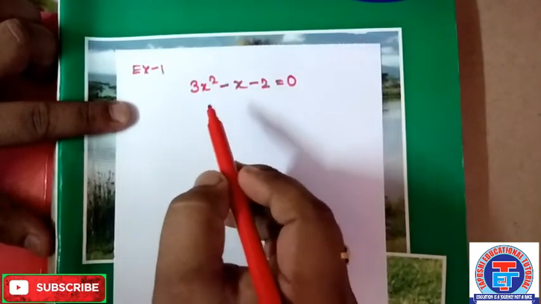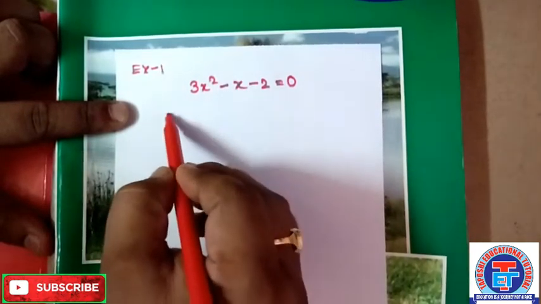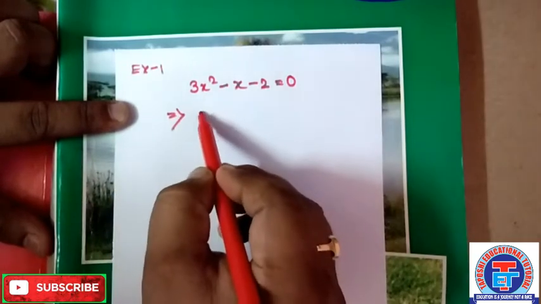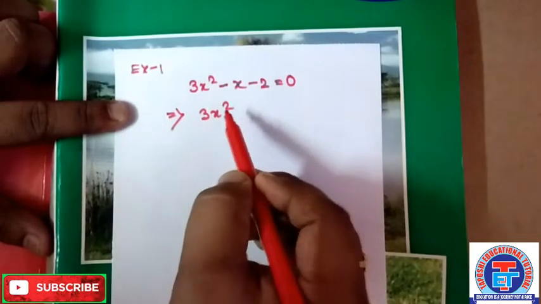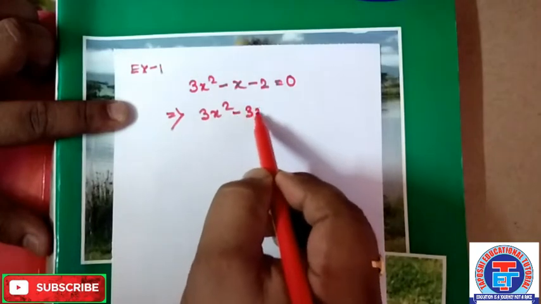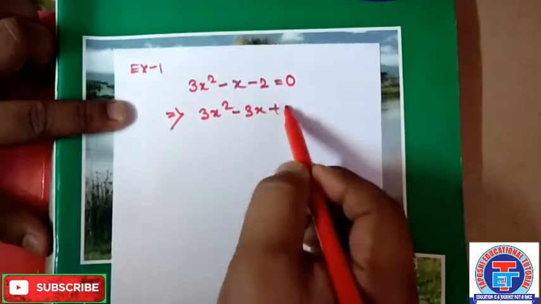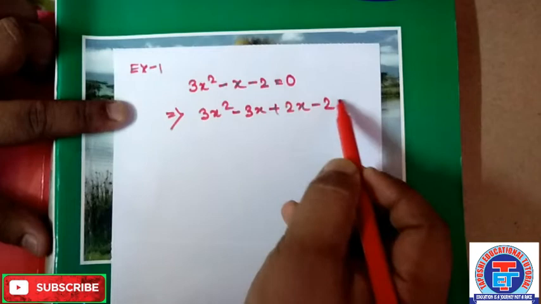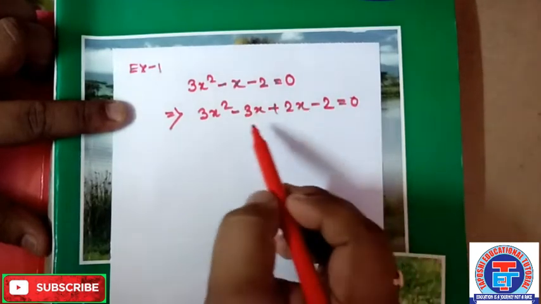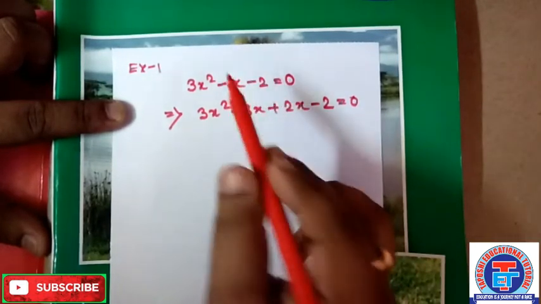So we write this as 3x square minus 3x plus 2x minus 2 is equal to 0, breaking the middle term.